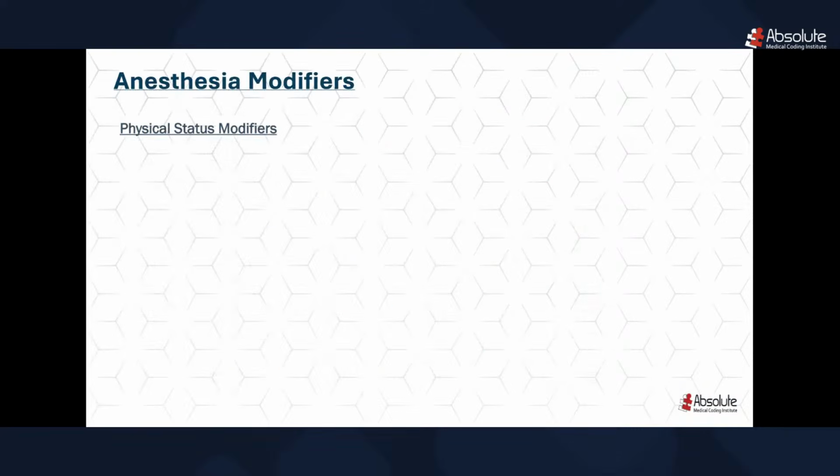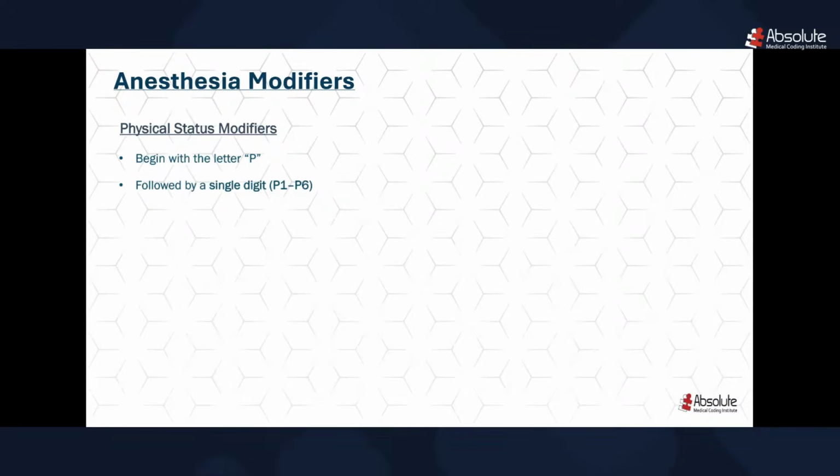Anesthesia modifiers. And now we are going to talk about the physical status modifiers. These are very important in anesthesia coding because they tell us about the patient's overall health and not the procedure itself. So physical status modifiers always begin with the letter P and are followed by a single number, and these modifiers range from P1 to P6.